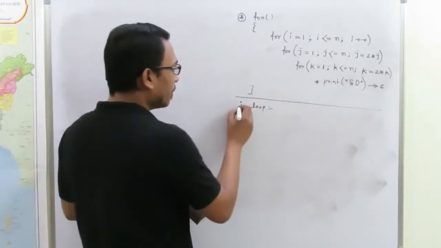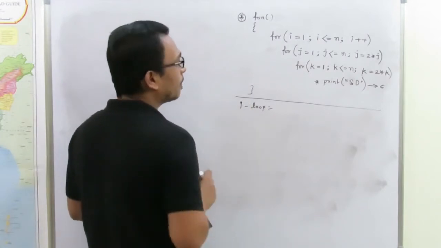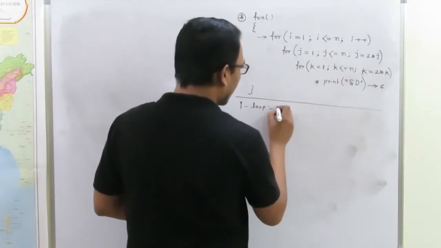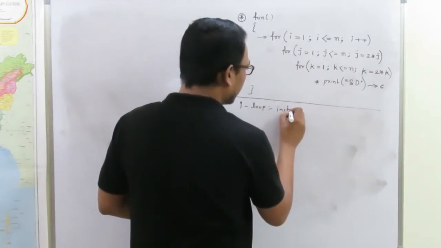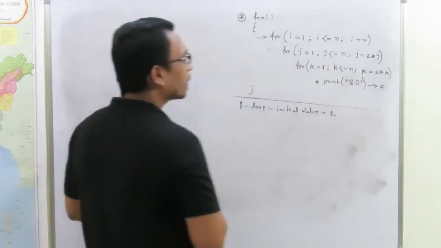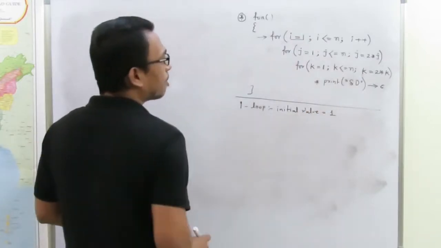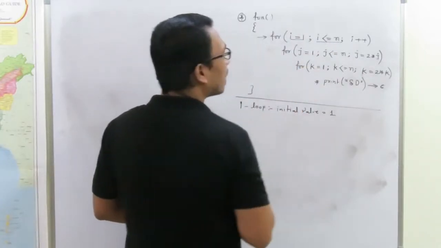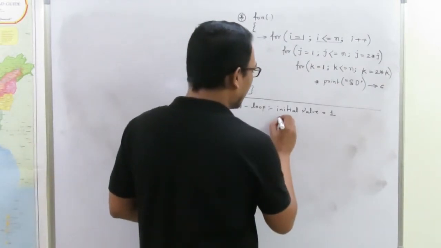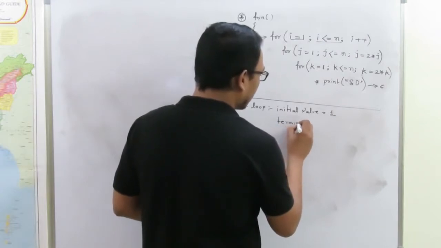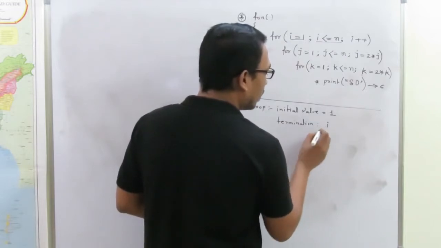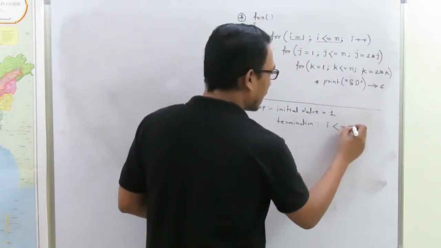Now look at the i loop, our outermost loop. Here the initial value is 1. The termination condition is i less than or equal to n, that means it will terminate when i exceeds n.